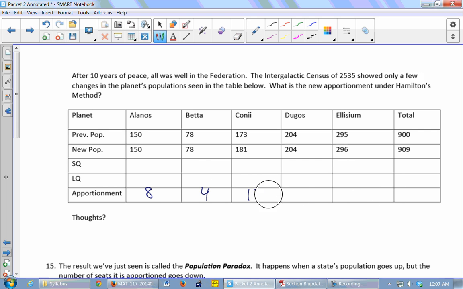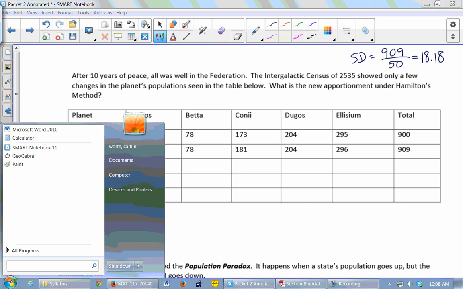Okay, so we got some controversies going on here, so let's calculate it together. So my new standard divisor, I'm going to get by taking my new total population and dividing by 50, and it comes out to what? 18.18. Okay. So then you divide each population by 18.18.